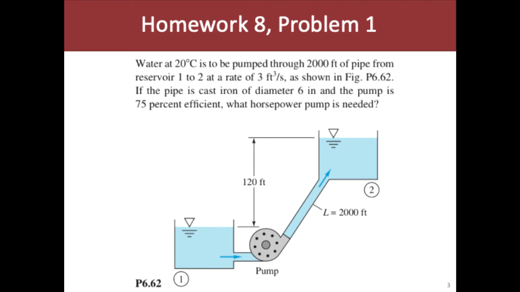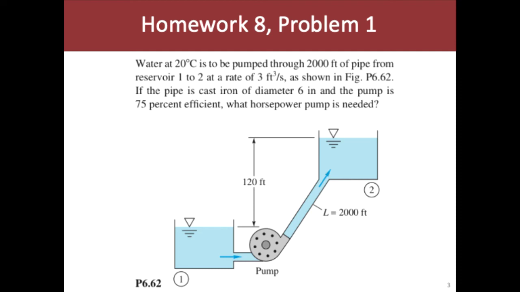Water at 20 degrees C, 2,000 feet of pipe, 120 feet rise, 3 cubic feet per second, and diameter 6 inches. We're not going to bother with the pump quite yet, so we're just going to focus on this pipe and work out what the pressure difference across the pipe is. Okay, so remember those numbers because I'm going to ask you for them again.